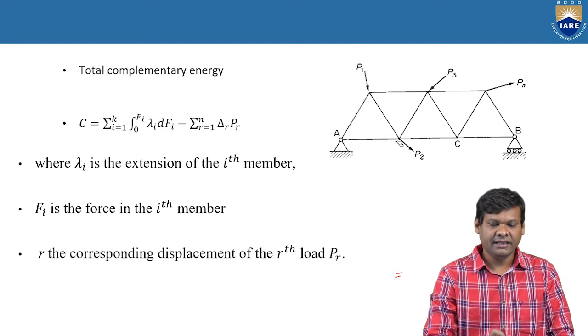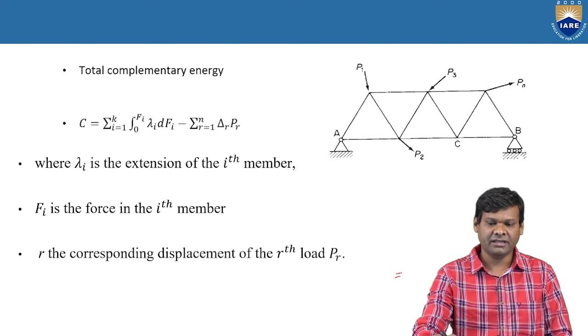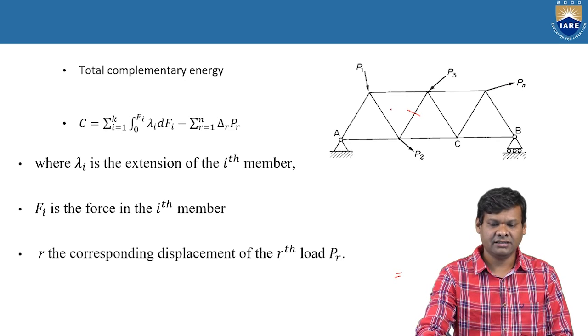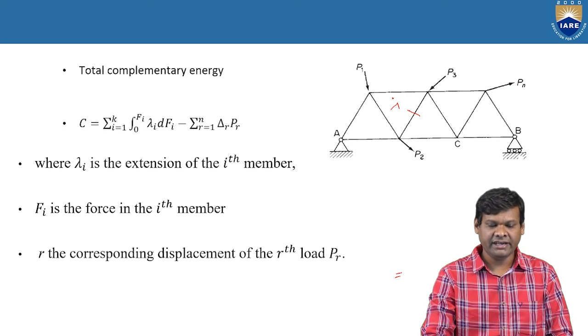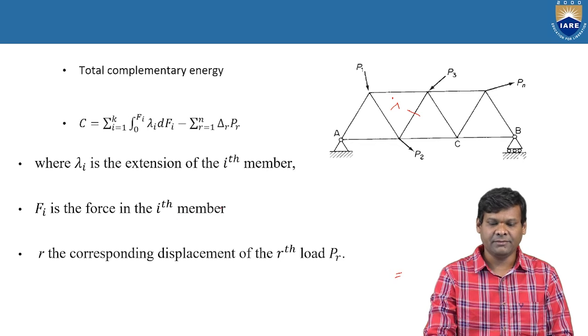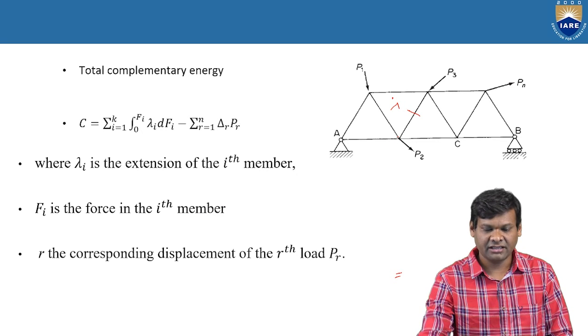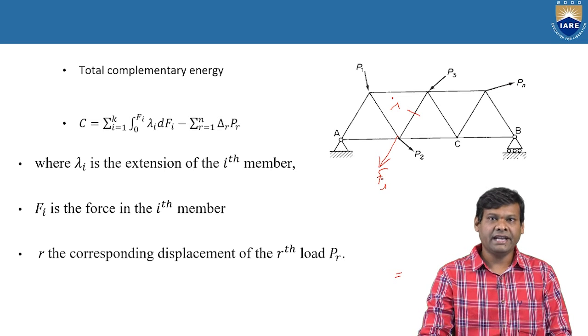And finally, lambda i is the extension of the ith member. The ith member might be somewhere in between, this is delta i, and Fi is the force in the ith member. And remember, here the force is due to the applied load.